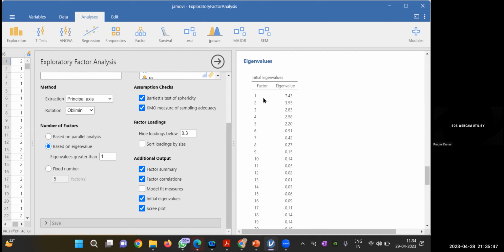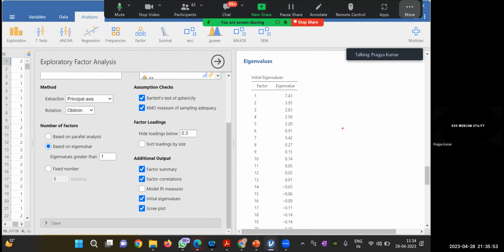You can see the individual eigenvalue of individual factors. If you focus here, you will see that we have to take the factors where the eigenvalue is more than 1. So it gives you 5 factors, because the 6th one has an eigenvalue of 0.91. So we'll take these factors.